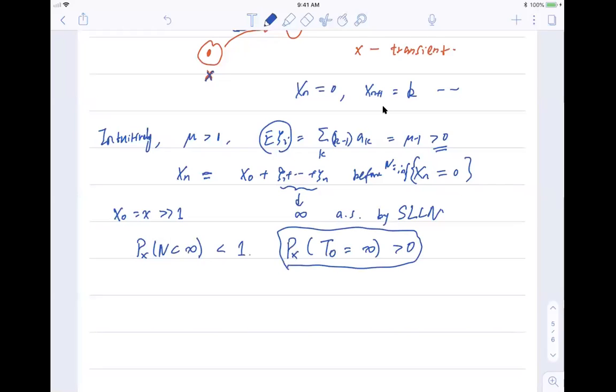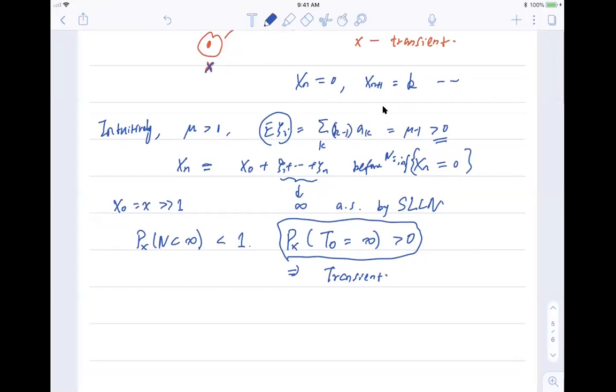If you start from a relatively large x, you can never reach 0. So it tells you the chain is transient, not recurrent. We need to say a little more, but this is basically the idea.